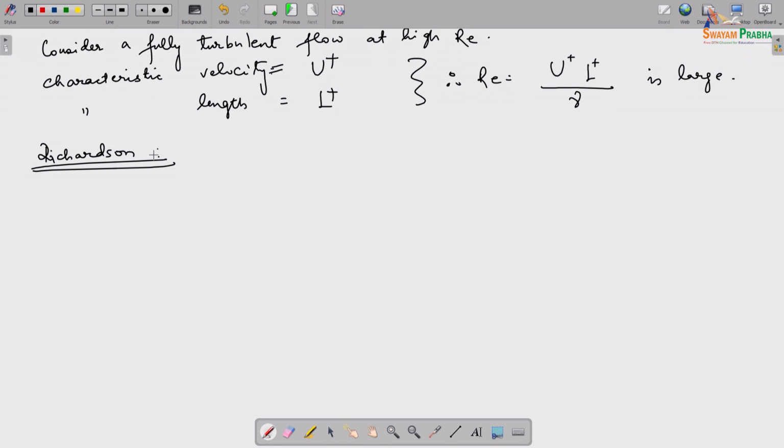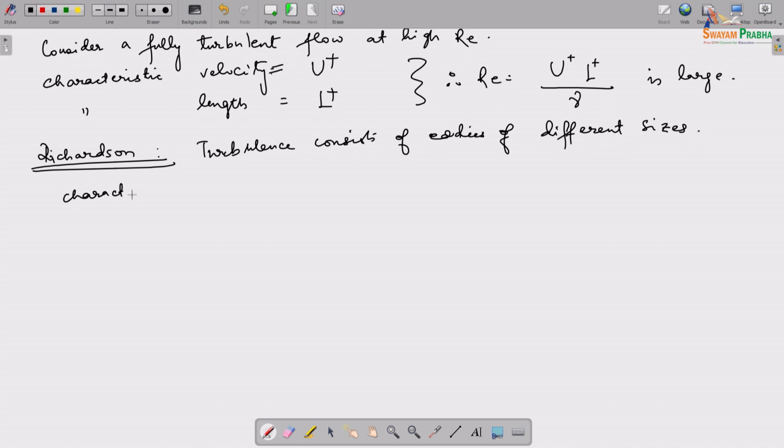Now, turbulence consists of eddies of different sizes. Again, for this he suggested: let the characteristic length be L, and characteristic velocity, we are going to write that, let us just say it is that.